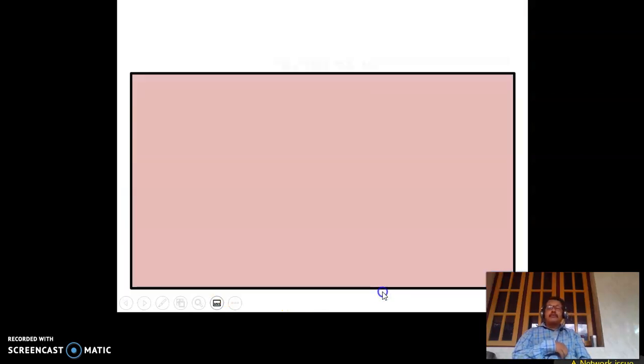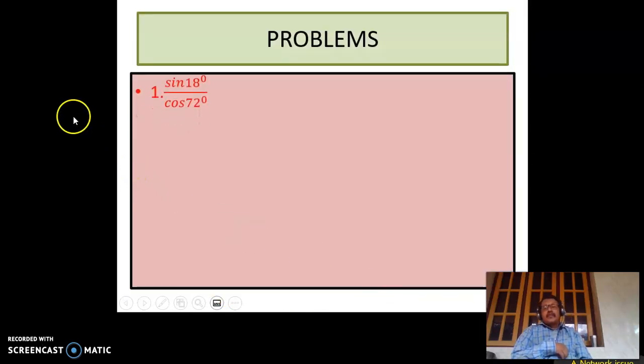Now some problems. Sin 18 by cos 72: you know that 18 plus 72 equals 90. So you can write sin 18 in terms of cos 72. How can you do this? Convert one of the angles in terms of cos or sin.